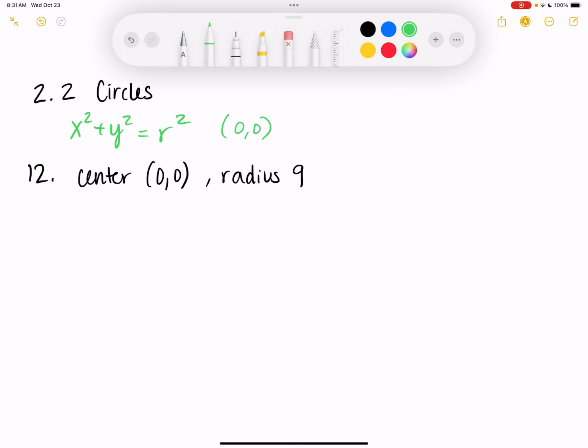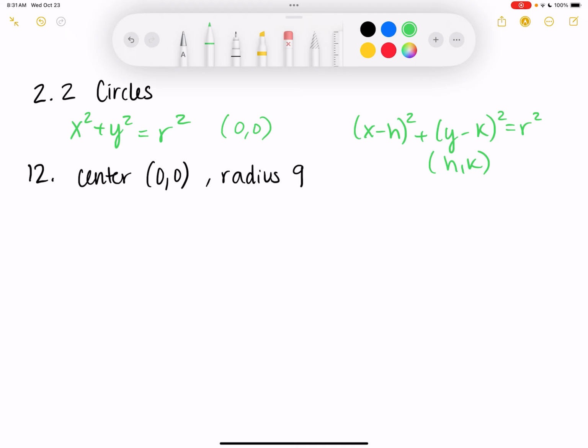If it has a center anywhere else, then it is of the form x minus h squared plus y minus k squared equals r squared. So that's at center h, k. So for this first problem, we'll need this one, but if there's centers anywhere else, we need that one.